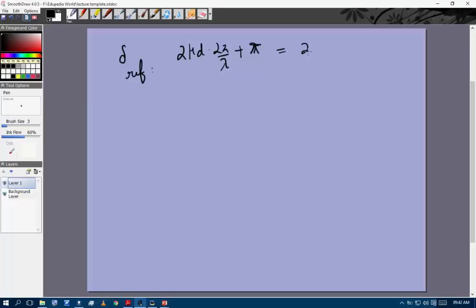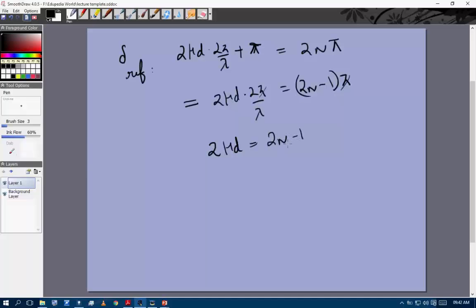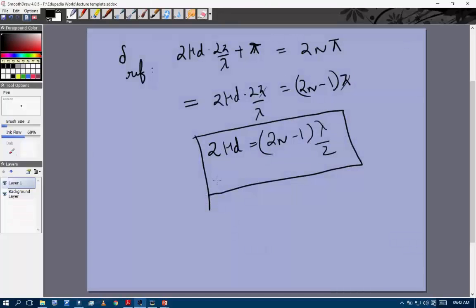If we take this equal to 2n pi, in that case what we'll get is 2 mu D times 2 pi by lambda is equal to 2n minus 1 times pi, or we'll get 2 mu D is equal to 2n minus 1 times lambda by 2. Right? So for there to be a bright fringe in the reflected rays, we need 2 mu D equal to 2n minus 1 lambda by 2.